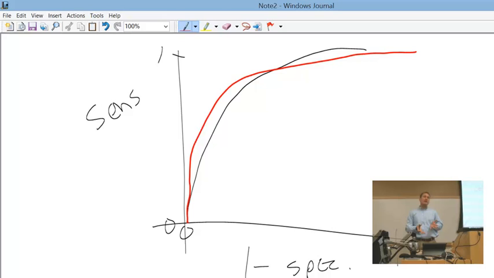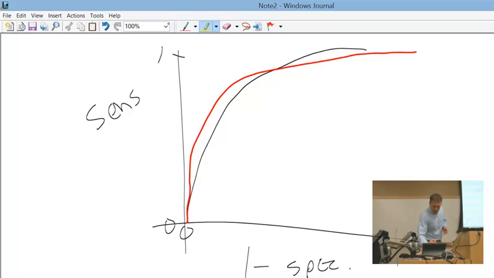If instead, let's say that you were not necessarily as concerned about sensitivity and false positive rate, you want to know overall which of these methods is going to be better, there's another way that you can approach this. You can look at the area underneath these curves. We talked about this briefly before.